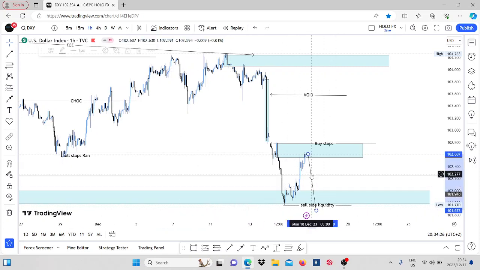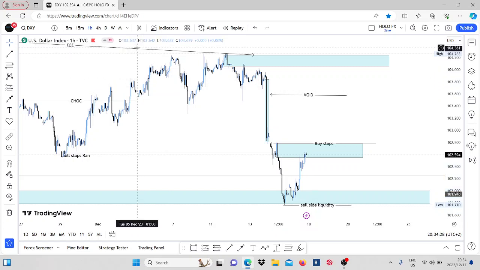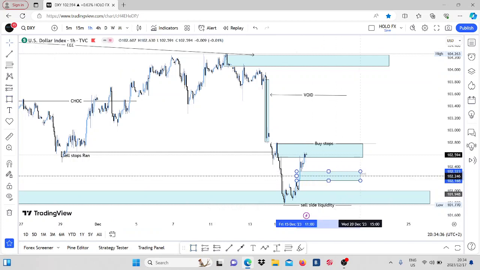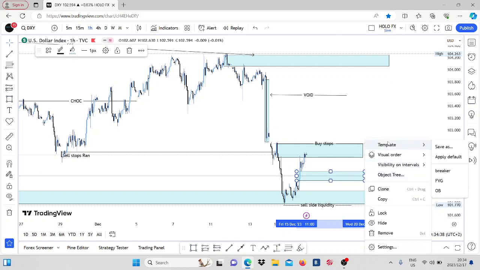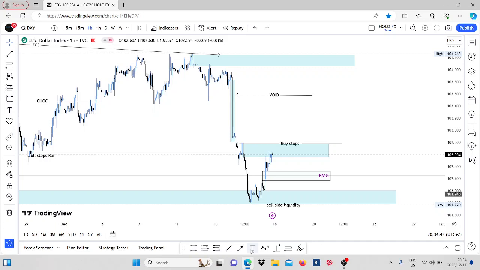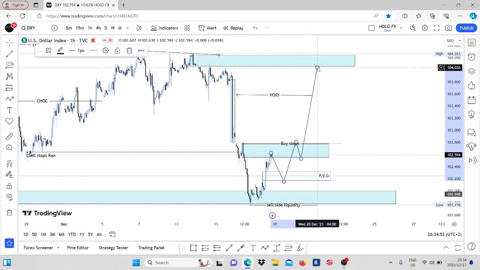But also, it could be that price will just fill this void, this fair value gap, I meant to say. Price will come, do something like this, then fill the void.